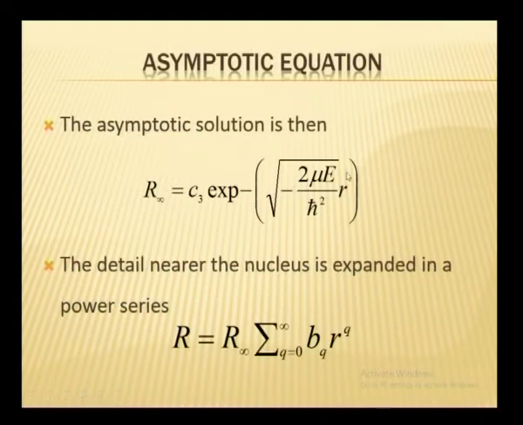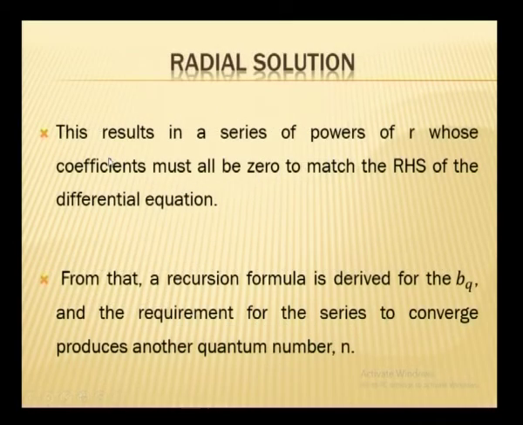The asymptotic solution, for r tending to infinity, is C3 times exponential of minus the square root of minus 2 mu E by h bar squared, times r. The detail nearer the nucleus is expanded in a power series, which results in a series of powers of r whose coefficients must all be 0 to match the right-hand side of the differential equation.